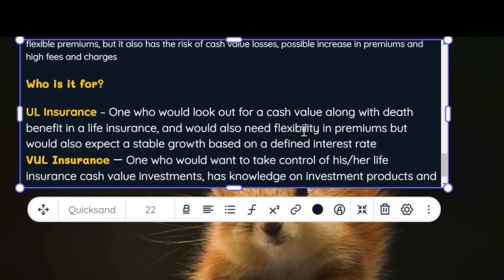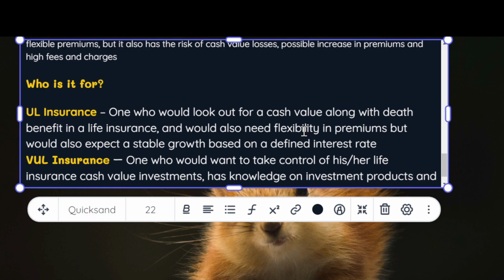So in variable universal life, the growth potential is even higher than universal life, but the chances of loss are even higher. So obviously, people who know their investment products really well, who know markets really well, who know where to invest how much money, they will definitely go for variable universal life.